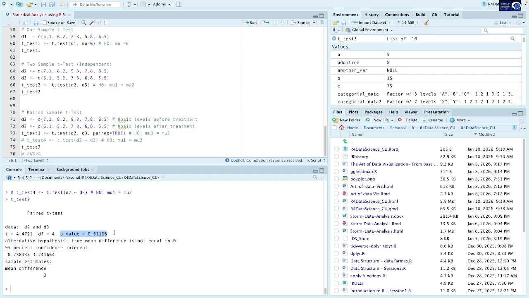Here, if we look at the p-value, we reject the null hypothesis, and there is sufficient evidence to conclude the difference is not due to random noise. And the confidence interval does not contain 0, so that is also statistically significant.